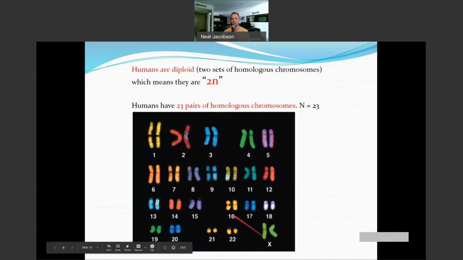Your father, your paternal parent, supplied all of the left feet in all of these chromosomes, and your mother, your maternal parent, provides all of the right feet. Together, there are 23 pairs of shoes, or 23 pairs of homologous chromosomes.